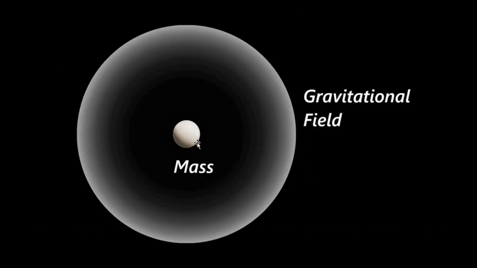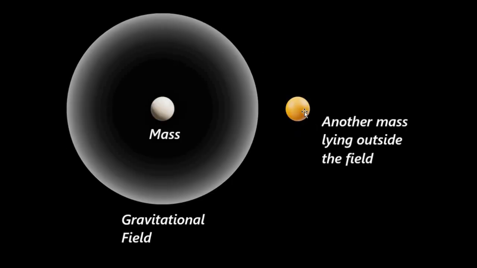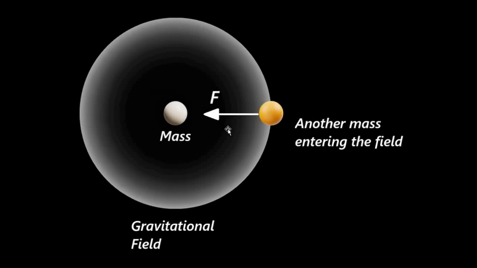Greater the mass, greater the extent and the strength of the gravitational field, and the closer we are to the mass, the more the gravitational field strength. As we move away from it, the gravitational strength decreases. So when another object comes near the gravitational field, it experiences a gravitational force.